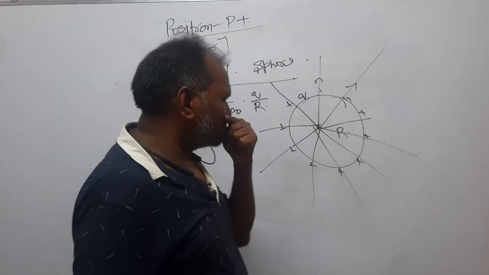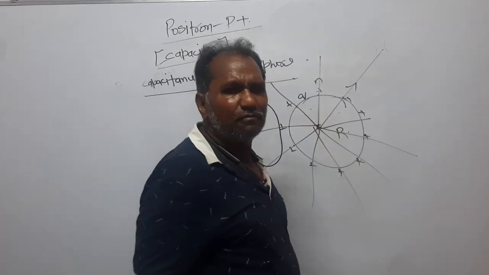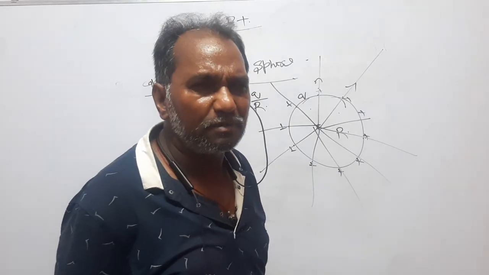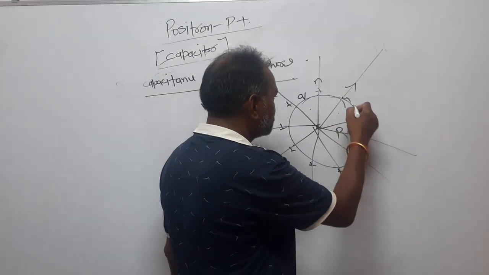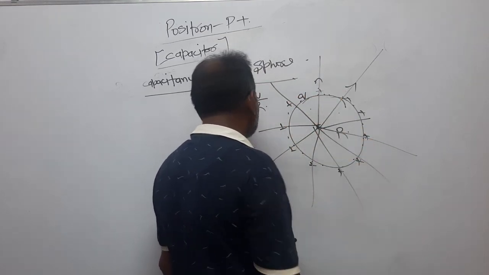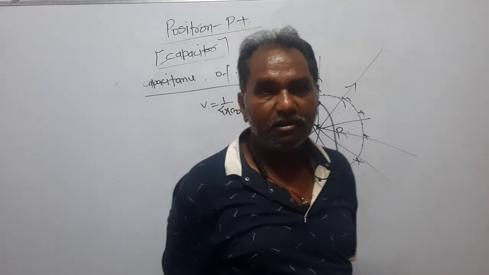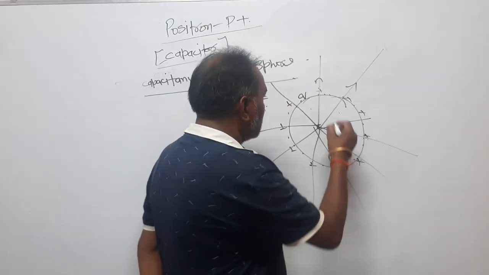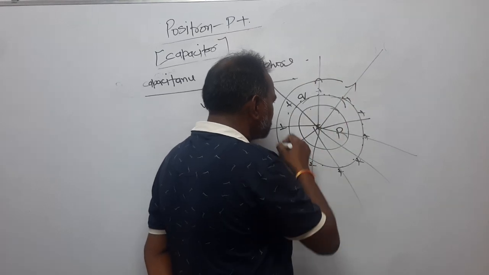So dear students, generally you can say at all these points the potential will be the same. You must have studied the equipotential surface earlier. At all these points the potential will be the same, constant, and so V is equal to 1 upon 4 pi epsilon naught Q upon R. There are many spheres.